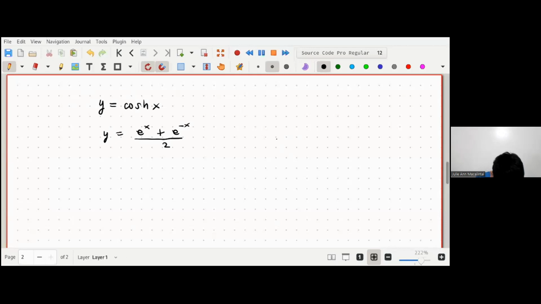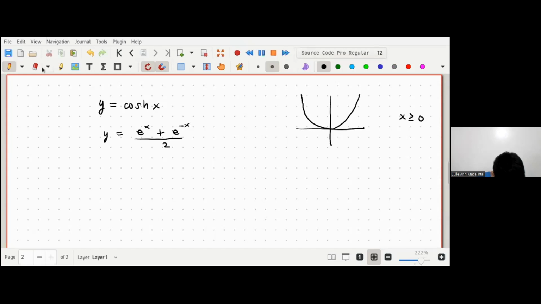So, gusto nating hanapin yung inverse function. Yung cosh, ang graph niya ganito. So, hindi siya one-to-one. So, para magkaroon ng inverse, kailangan pumili tayo ng isang branch para single-valued lang siya. So, for convenience, we'll choose x is greater than or equal to 0.